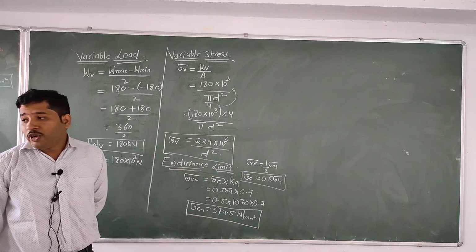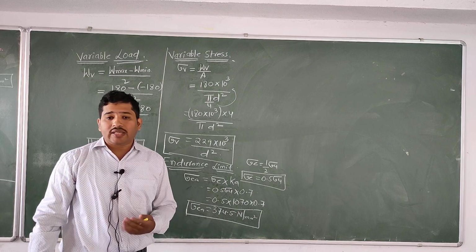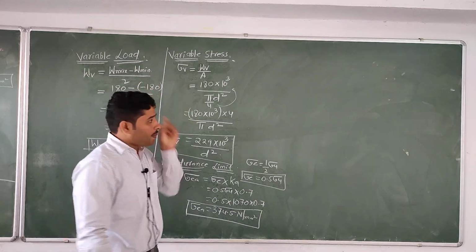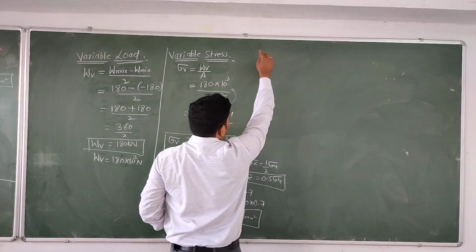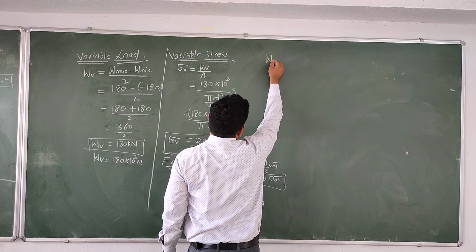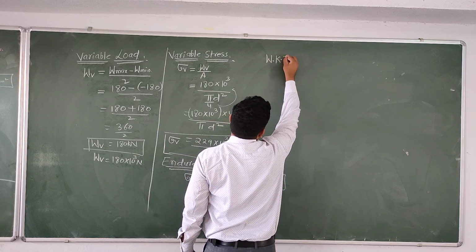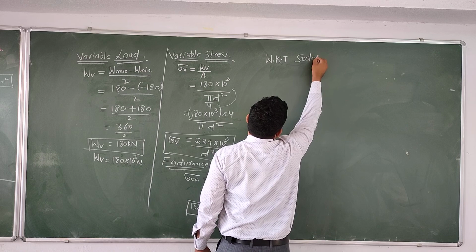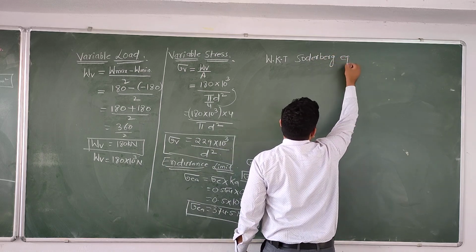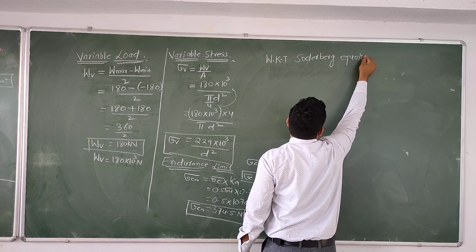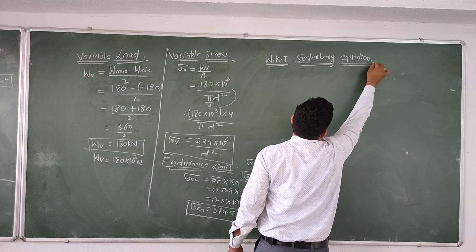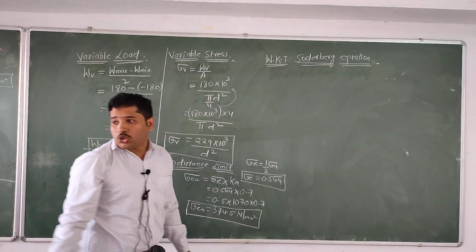Again, what do we need to find out? Actually, our intention is to find out the diameter of this rod. Is it right? Then we need to use the Soderberg equation.